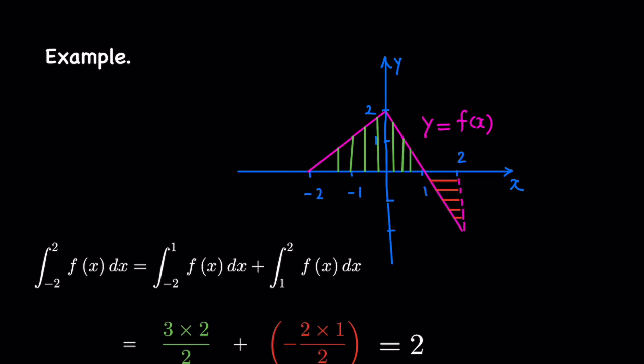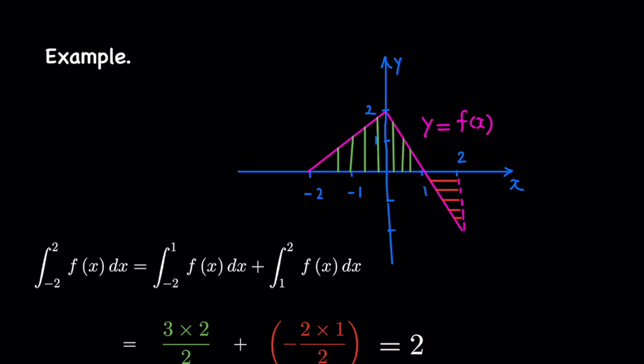Here again, the graph of this function f is given by this pink curve, and we are asked to find the definite integral from -2 to 2 of this function. You see that between -2 and 2, this function changes sign, meaning that in one part it's above the x-axis, and in the part between 1 and 2 it goes below the x-axis.